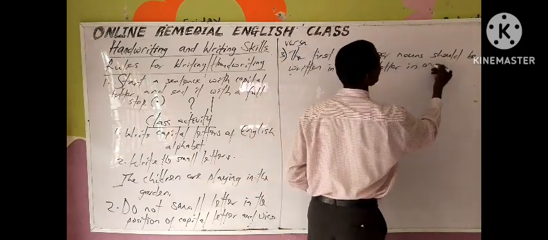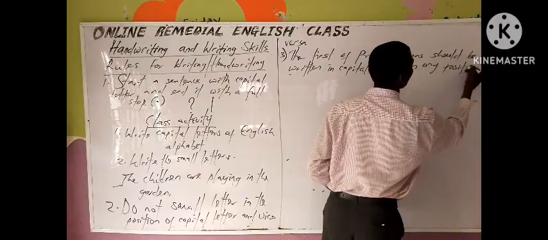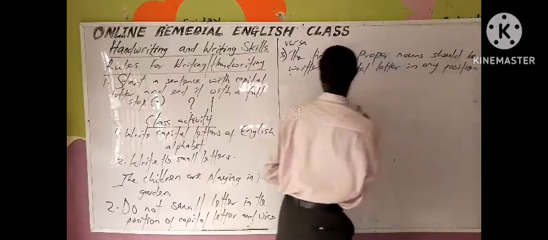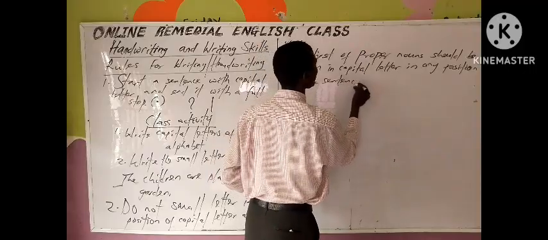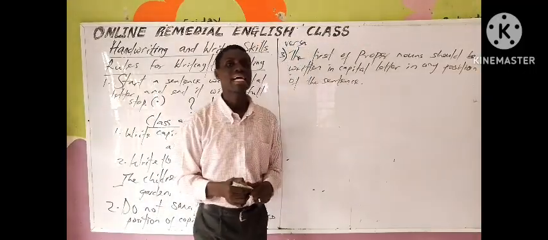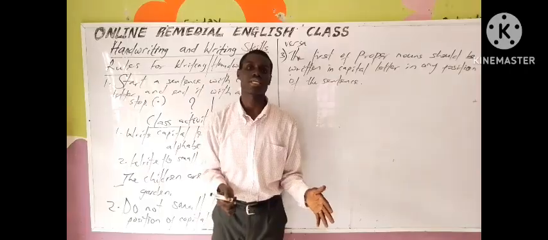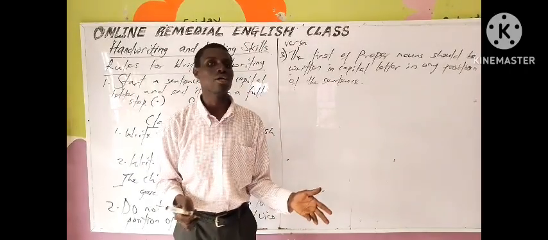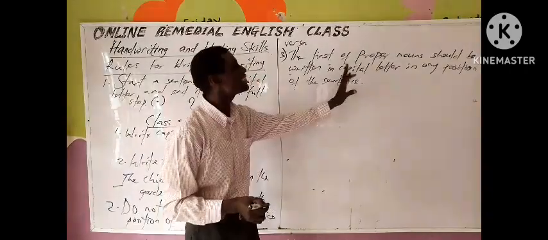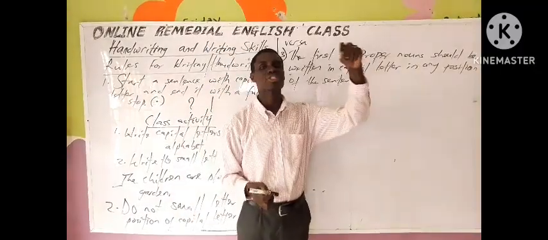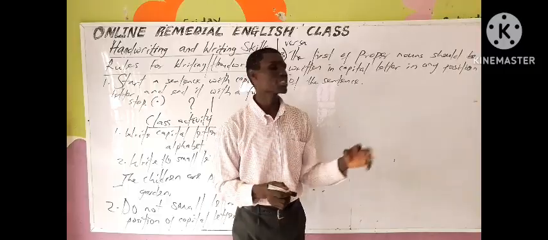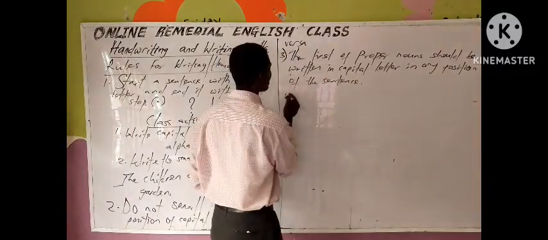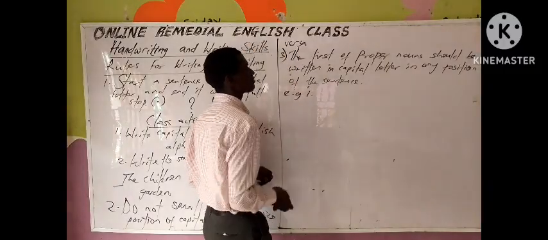In any position of the sentence. Please take note of this. In any position of the sentence, initial, medial, final, wherever you meet any proper noun, ensure the first letter is written in capital. For instance, e.g., you have 1.